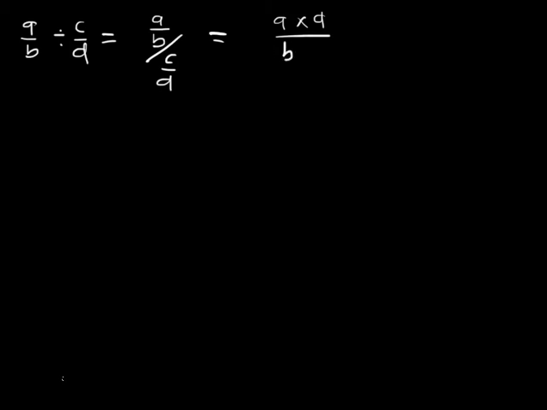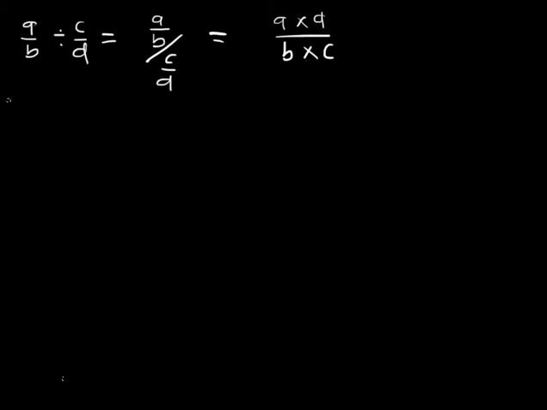Another way to see it is if they say A over B divided by C over D, they can also write this as a compound fraction, A over B over C over D. Okay, so this is still the same as A times D, okay, B times C.